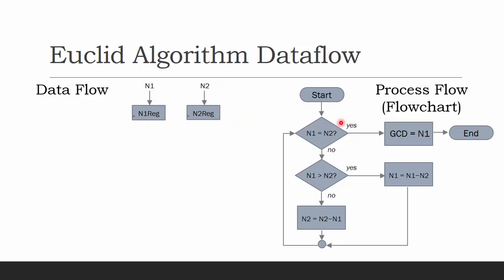Then looking at the process flow, there are two stages of decision here, actually comparing the status of N1 and N2. Either they are equal or N1 greater than N2, which in this case is actually comparing all status between N1 and N2, all three of them, either they are the same or not the same.